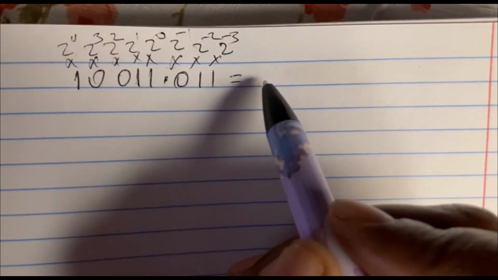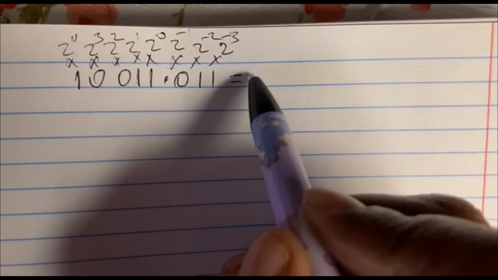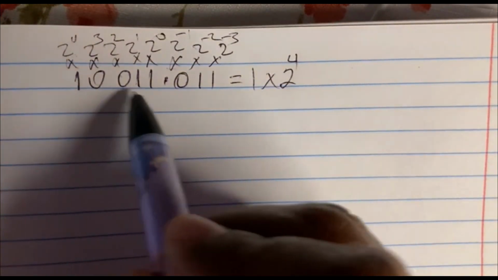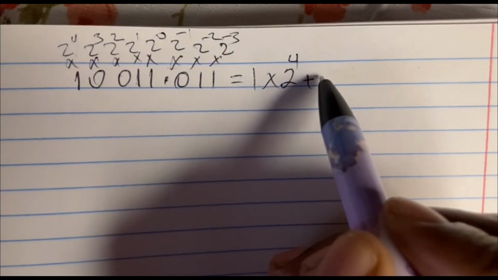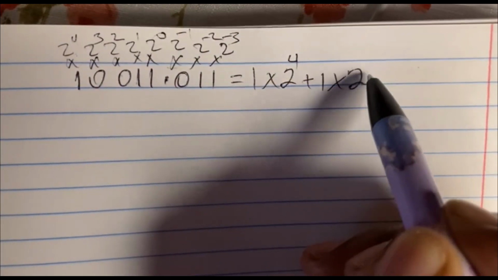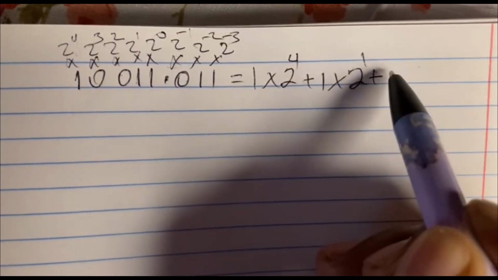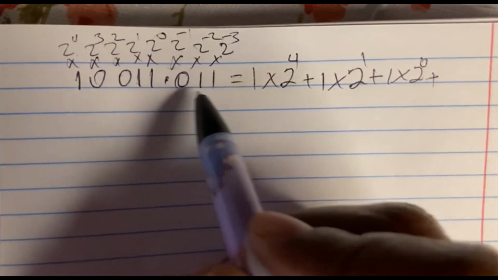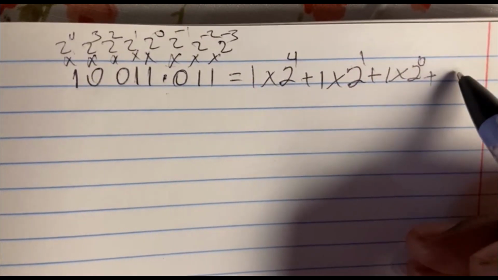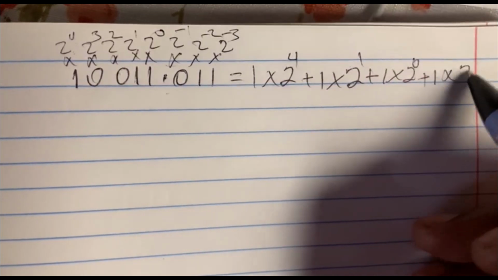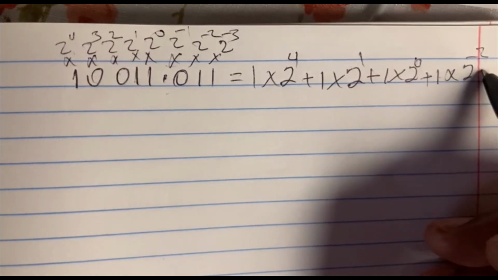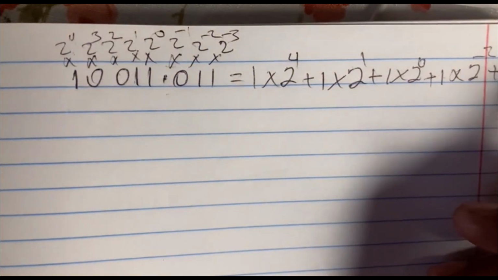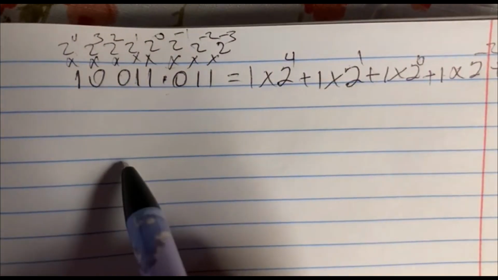Therefore, the result for this will be 1 times to the power of 4. Okay, ignore the 2 zeros, plus 1 times to the power of 1, plus 1 times to the power of 0, plus, okay, ignore this 0 after decimal, due to 1 to the power of -2, plus 1 times to the power of -3.